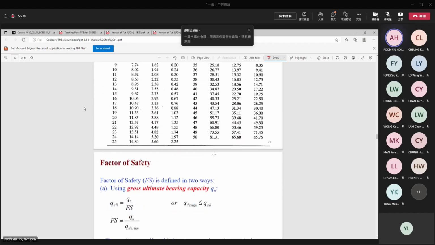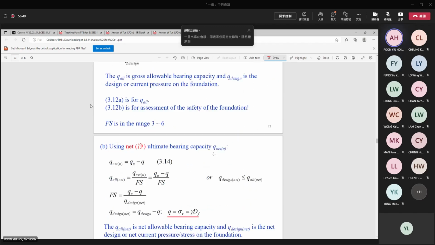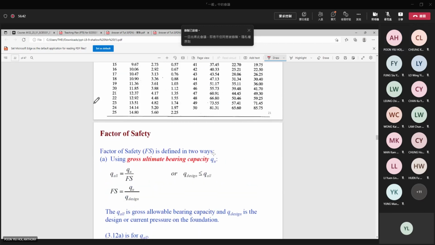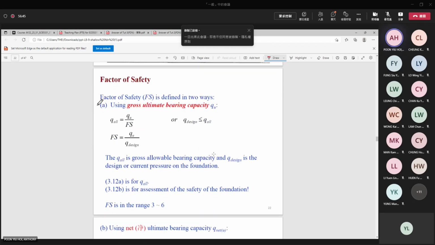So next, okay, we talk about the factor of safety first. When we construct the foundations, we usually apply the load here, and then we find the ultimate bearing capacity, right?